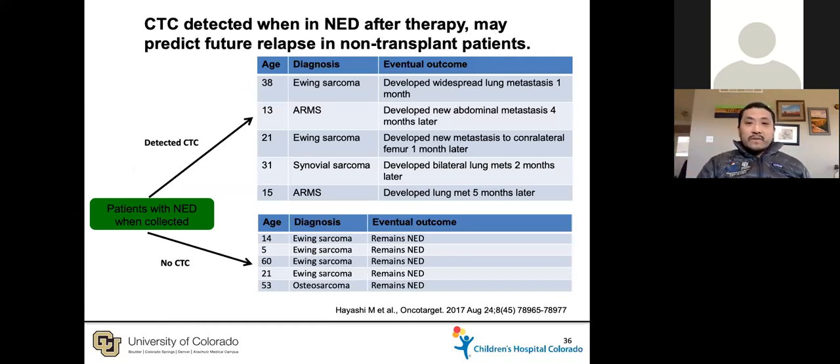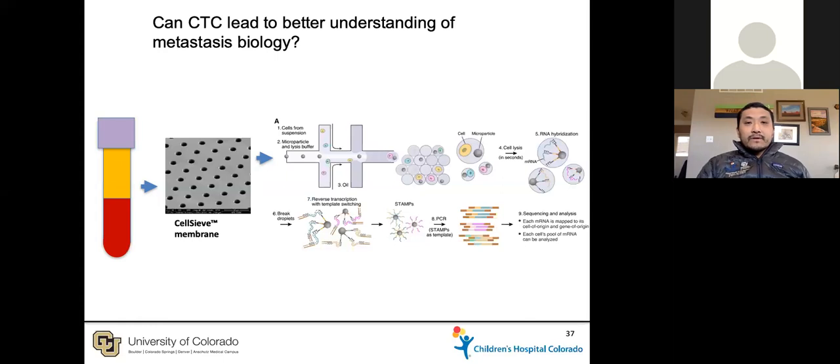This is in non-transplant patients, and in transplant patients, the data seem a little bit weaker. There were patients who had persistent CTCs who had longer survival, which could be related to maybe immune surveillance, but we don't know much about that setting.